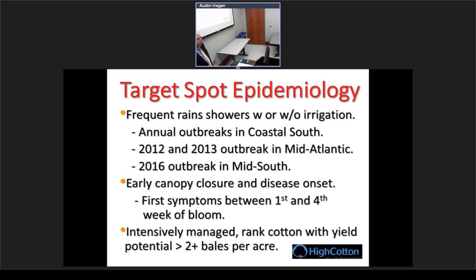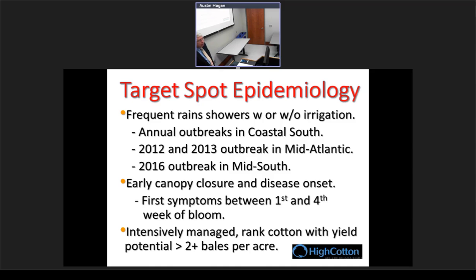When you get a little further away from the coastal south, then it takes a certain set of weather patterns to really drive the disease, like we had in 2012 and 2013 in the mid-Atlantic states, where we had some tropical storms moving up the coast and very likely were responsible for disease development in those areas.